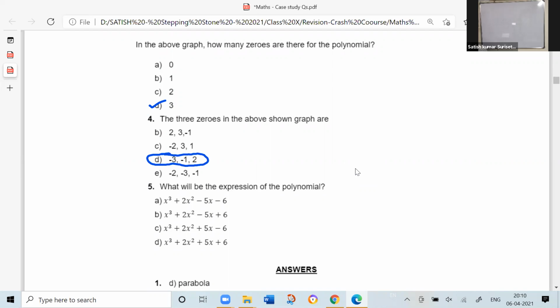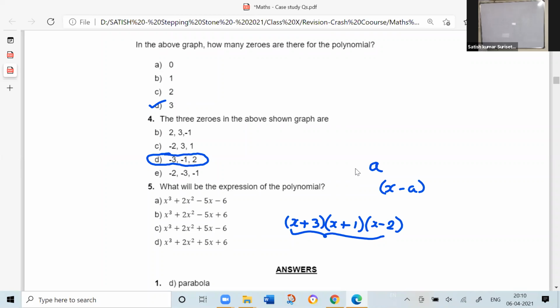So if a is a zero of a polynomial, then x minus a is a corresponding factor. So here you can write the factors directly: one is x plus 3, and one more zero is minus 1. So another factor is x plus 1 and one more is x minus 2. Take the product, expand and simplify.